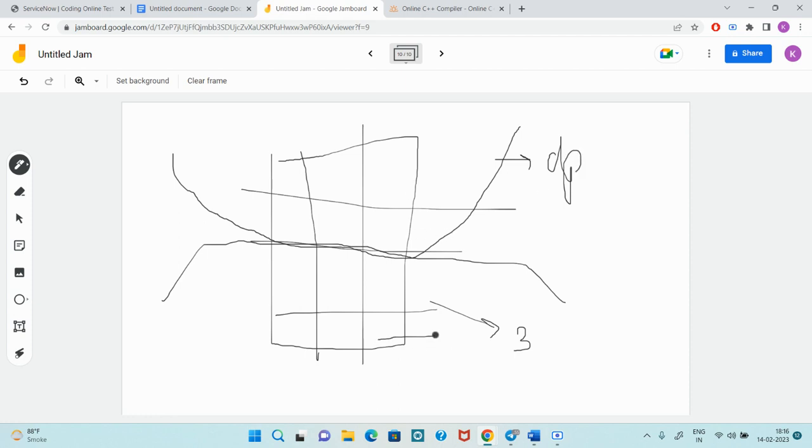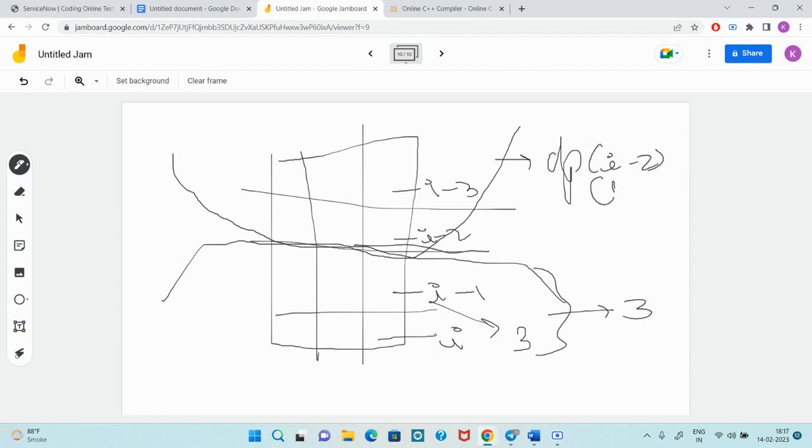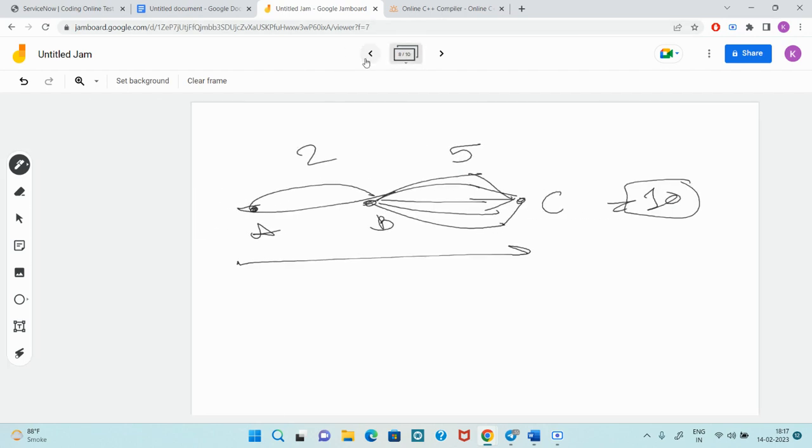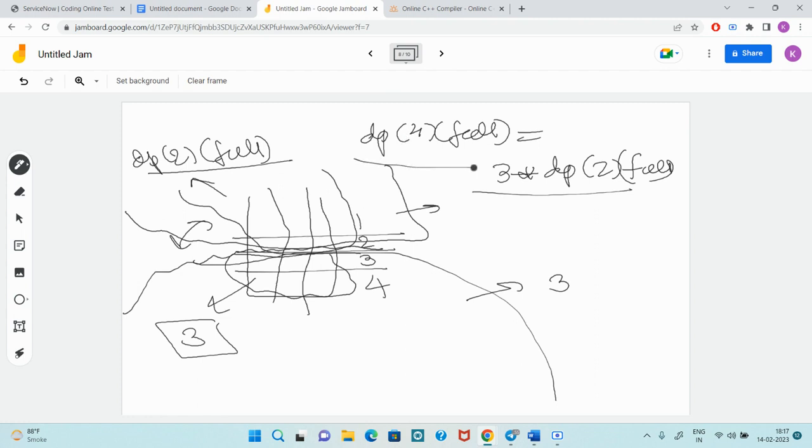This is I, this is I minus 1, this is I minus 2, this is I minus 3. So the number of ways to fill this much part is 3, and this much part will be dp of I minus 2 full. So the general formula is dp of I of full is 3 into dp of I minus 2 into full.